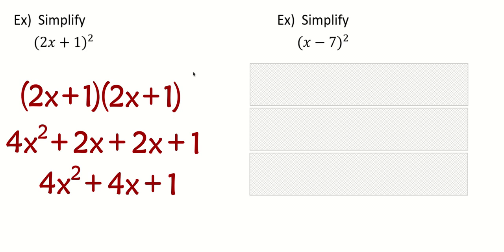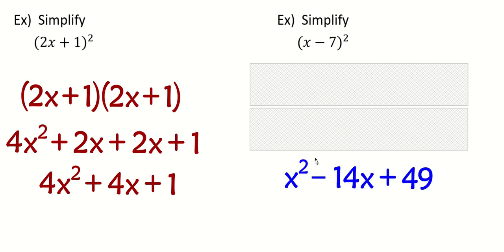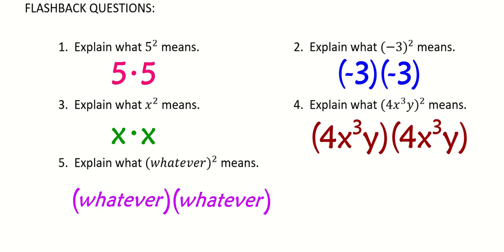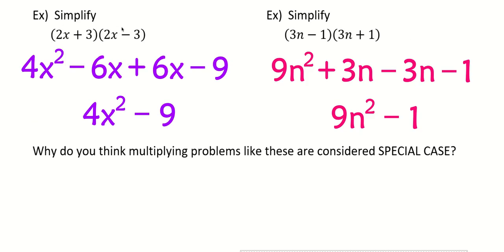I know already in my head that this final answer is going to be x squared minus 14x plus 49, because the same thing happens. You can almost make a formula out of it when it's the same 2 bubbles, just like you could make a formula out of when it's almost the same 2 bubbles. It's just that one's plus and one's minus.